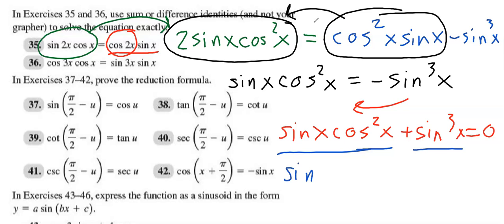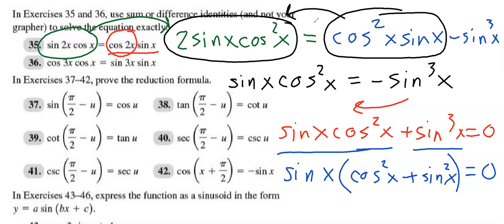So if we pull the sine x out, what are we left with? Cosine squared x plus sine squared x. That's 1? Oh my goodness, that's so nice. Sine x times 1 equals 0.